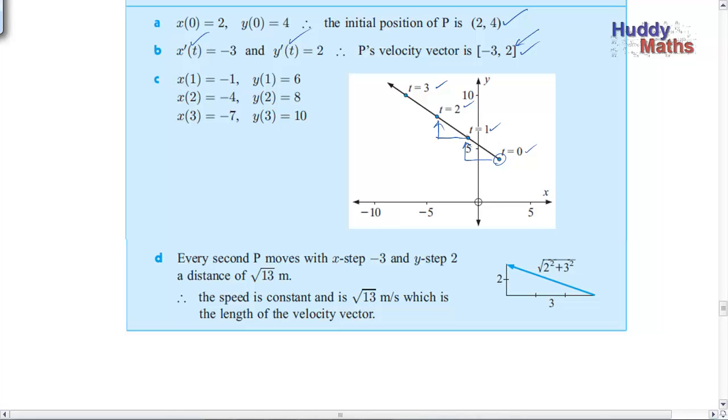So if you wanted to keep overlapping with the coordinate geometry, not just the parametrics now, the velocity vector is -3, 2. So in coordinate geometry land, the slope of that line is 2 over -3. Just compare it back the other way there, 2 over -3.